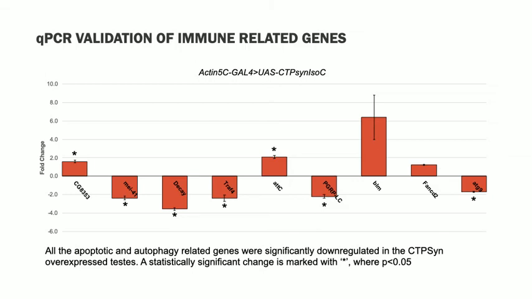To validate these genes, qPCR was performed. All the apoptotic and autophagy related genes were significantly downregulated. Mei-41, decay, TRAF4, and ATG9 are genes that are involved in apoptotic and autophagy related pathways.